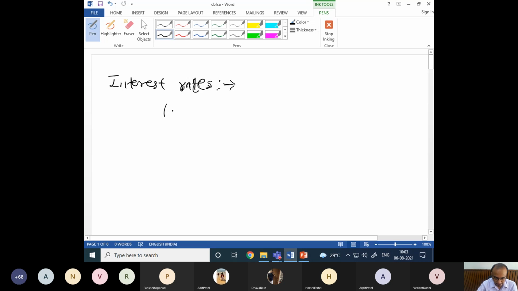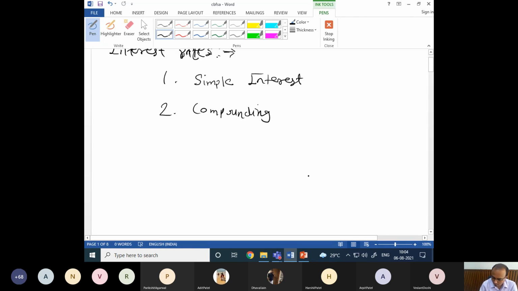Basically two types. One is the simple interest calculation and the second one is compounding. We have seen the generalized formula in both cases.